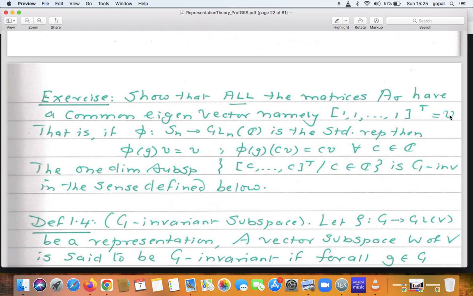This common eigenvector V: if phi from Sn to GL_n(C) is the standard representation, then phi g of V will be equal to V. Phi g of cV will be equal to cV for all c in C. And so we say that the one-dimensional subspace spanned by V is G invariant.